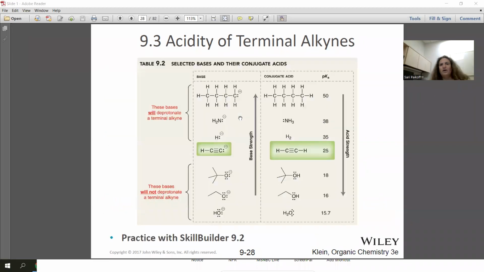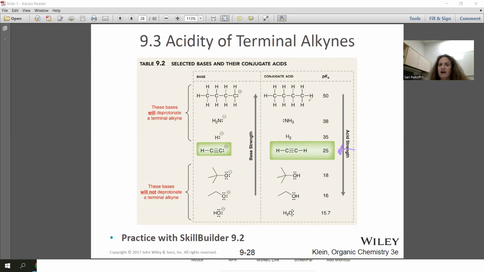So when we're talking about acidity and whether we can deprotonate, you need to be a stronger base than the acetylene hydrogen. So this is at around 25. So your acid has to be less strong, making your base more strong.